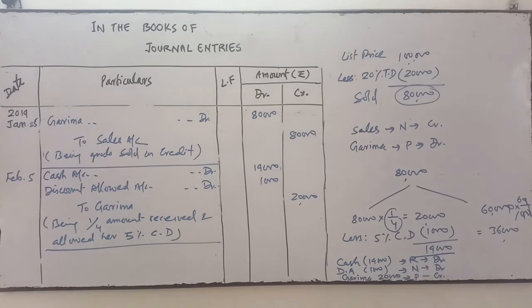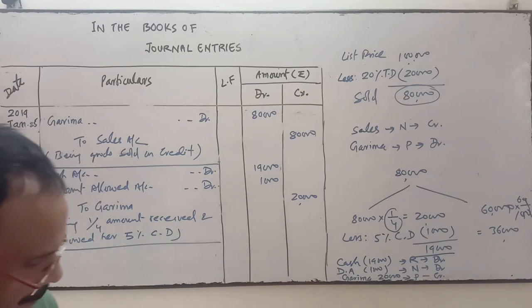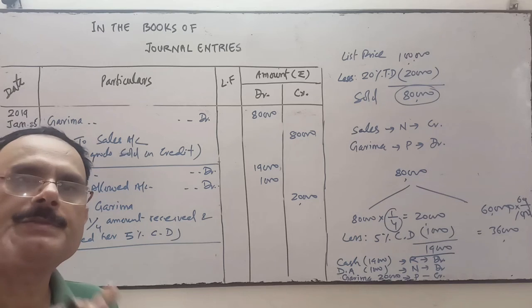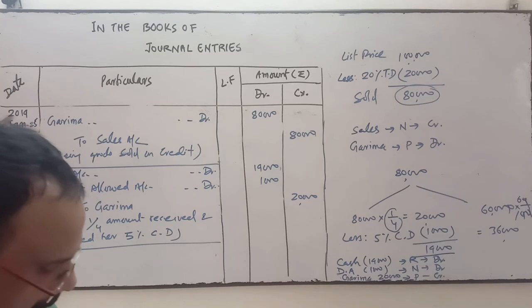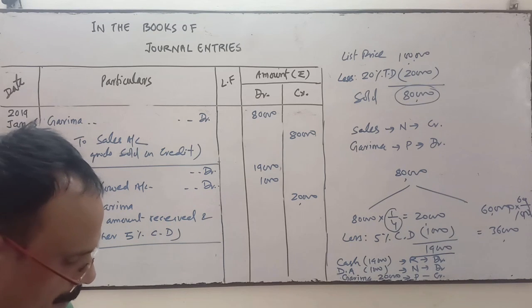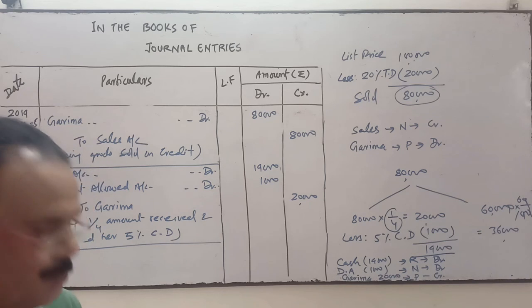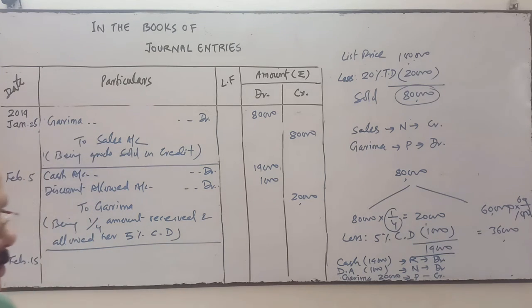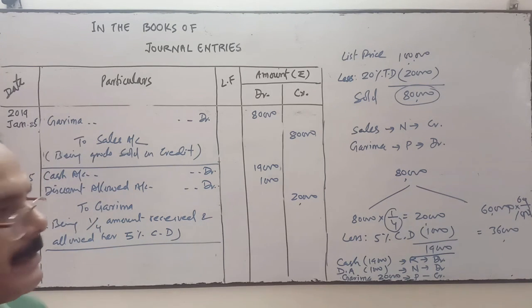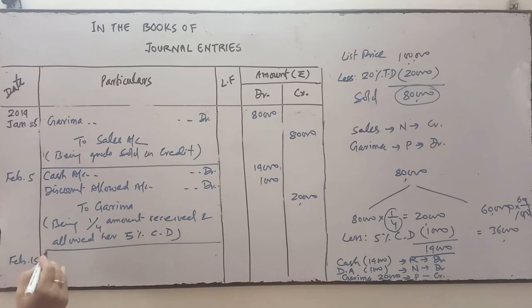So when she paid the 36,000 on February 15, she will not get any cash discount, because the term of cash discount is if the payment is made within 15 days. As she is paying the second installment on February 15, it is too late. It is after 15 days. So no cash discount will be given. She has to pay the whole amount.